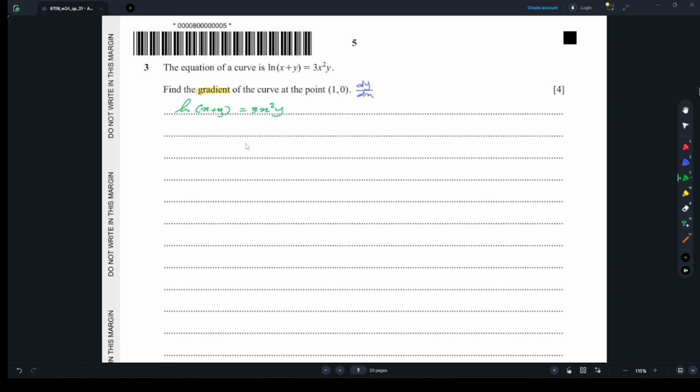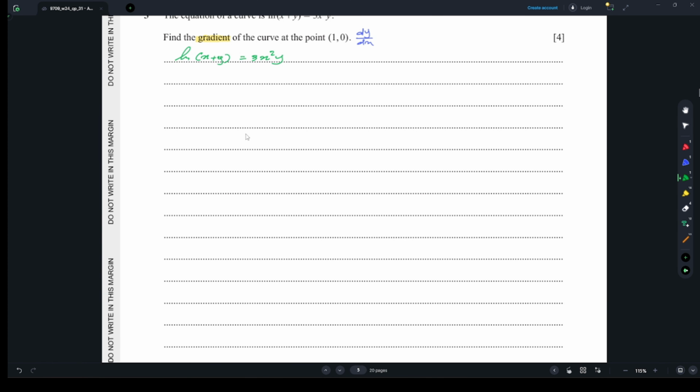So the first one you meet is ln. The differentiation of ln is 1 over whatever is inside the ln. So it is 1 over (x + y).